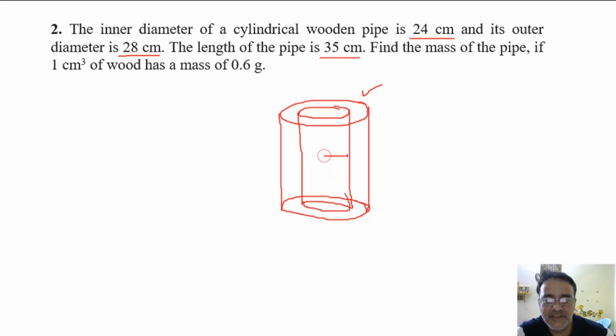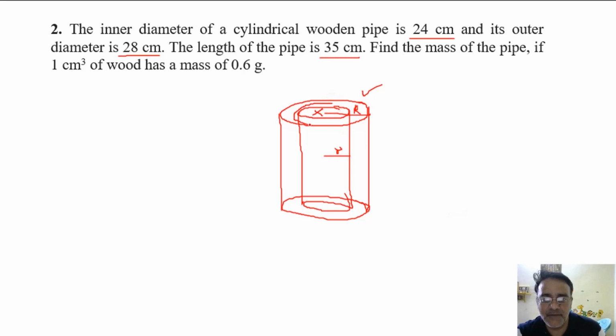Suppose this is small r and this is capital R. We did a metal pipe question, if you remember. So volume of the outer cylinder is pi capital R square h and the volume of the inner cylinder is pi small r square h, and this is the empty one. A pipe is hollow from inside, okay?